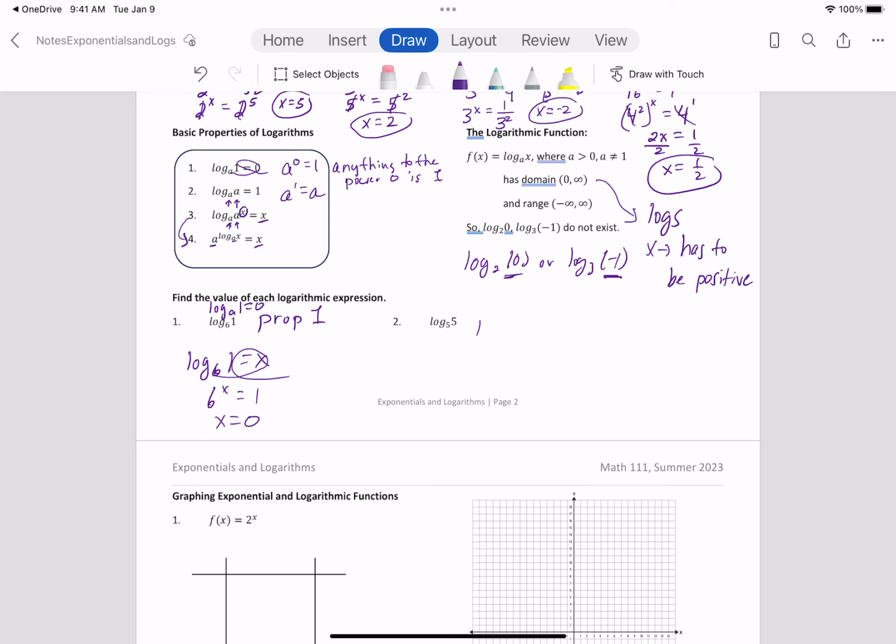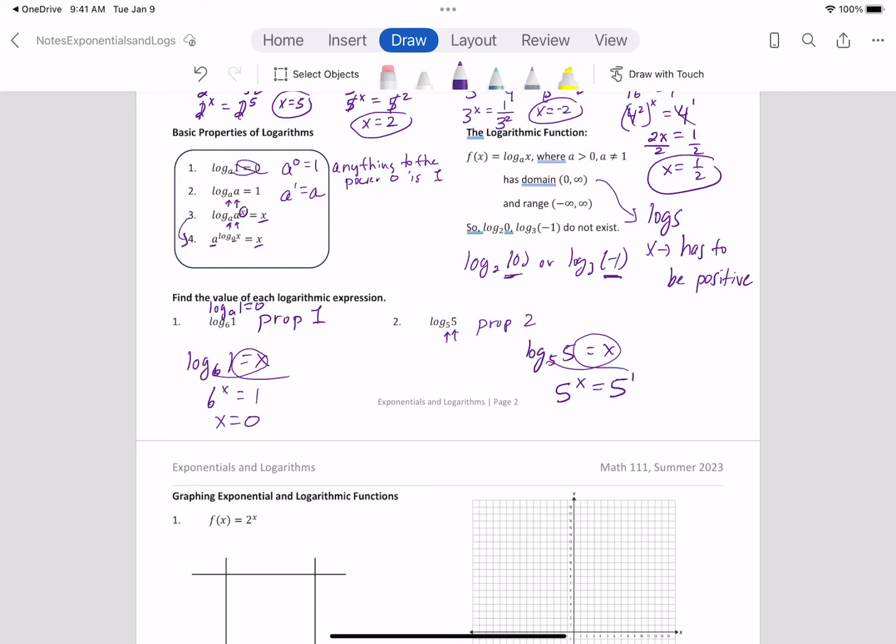The second one is illustrating property 2, and that's when the base and the number are exactly the same, and property 2 tells me that that answer is 1. Just to illustrate why that's true, if we wrote it out, we would get 5 to the x equals 5.